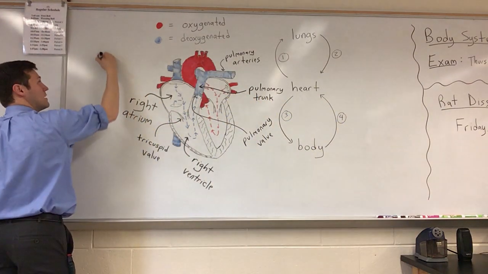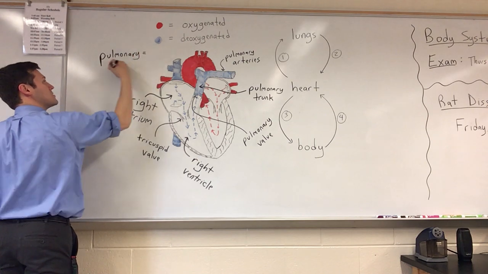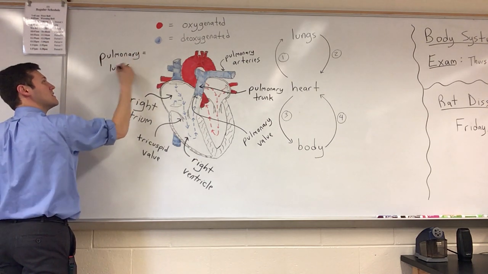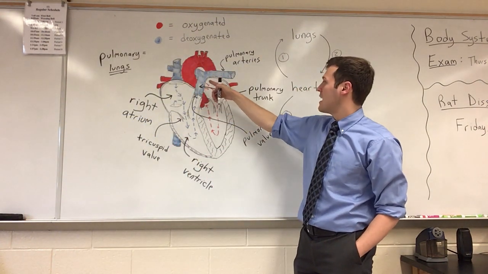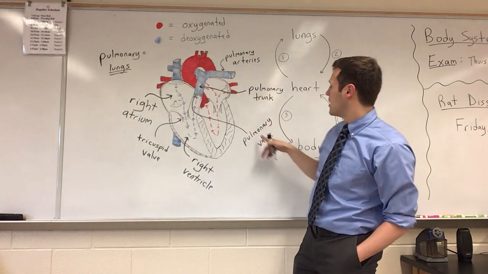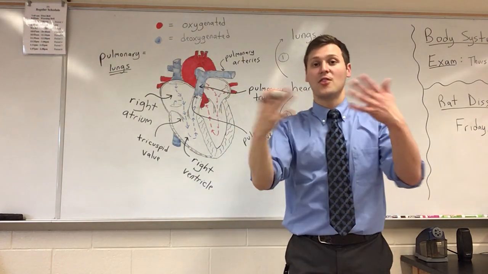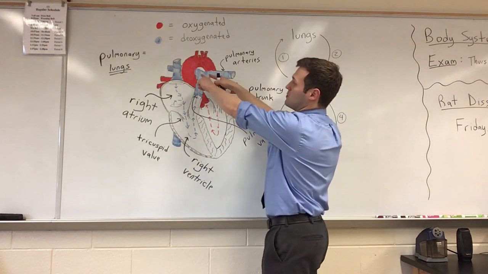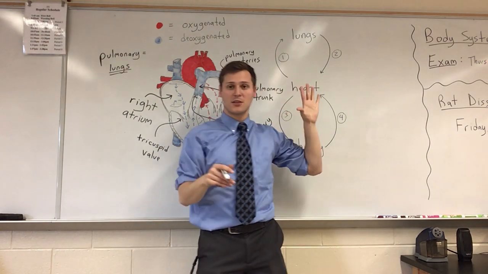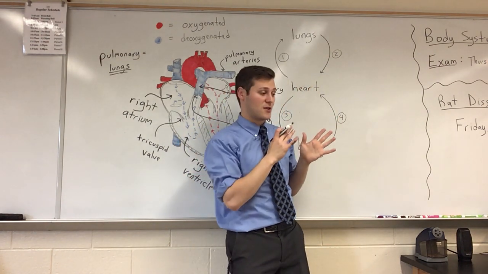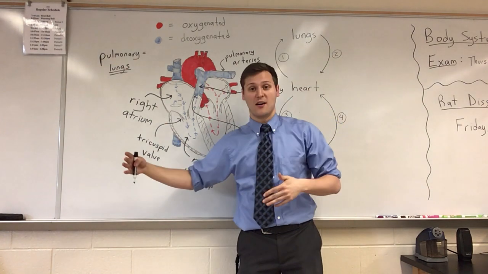Pulmonary equals lungs. So the pulmonary trunk, pulmonary valve, pulmonary arteries, that blood is heading to the lungs. We have two pulmonary arteries going in either direction. This one is heading towards the left lung, and this one over here is going towards the right lung.